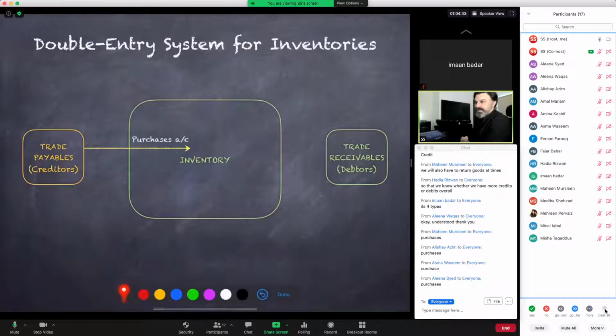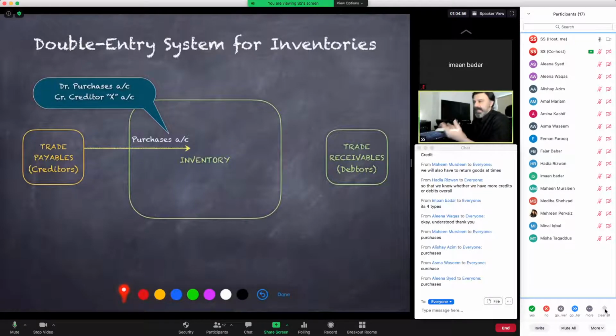And this movement is going to be recorded to the purchases account, right? Do you agree with this journal entry? We will debit the purchases account and we will credit the creditor X's account or supplier X's account, or whatever his name is, right? Give me a green or red check here. Why are we debiting purchases account?